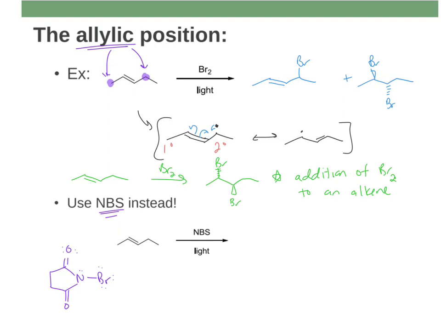And what's nice about using NBS is that it produces bromine radicals without adding Br2. So I don't need to make my bromine radicals from Br2. I can use a molar equivalent, or a little more, of NBS to do these brominations.